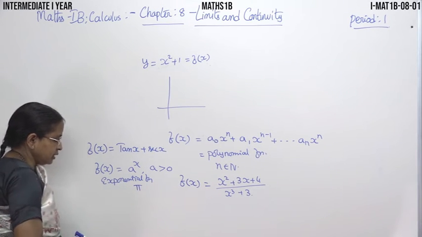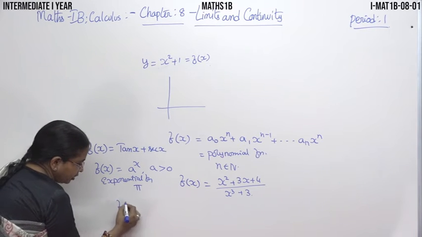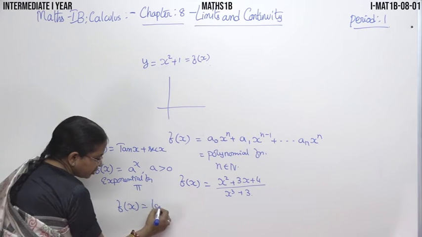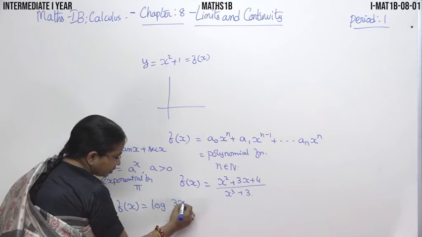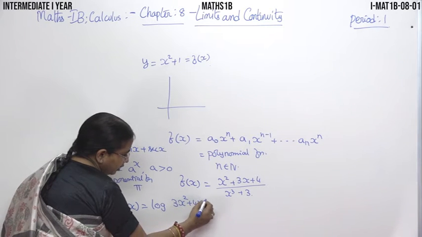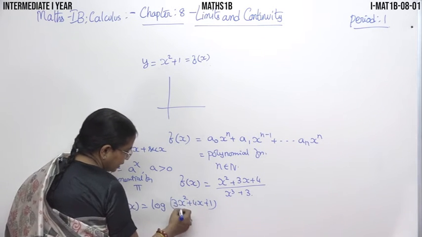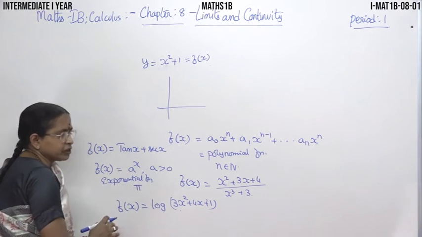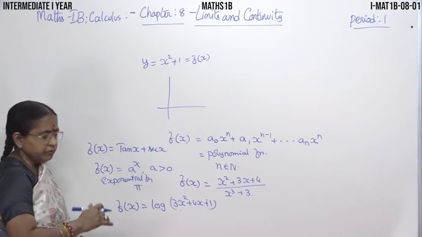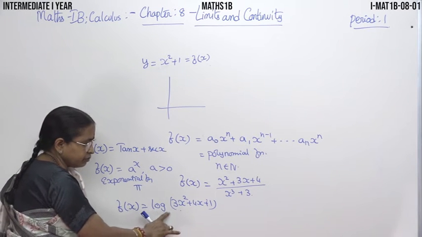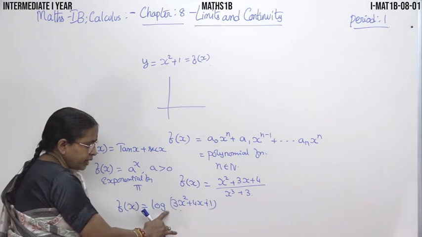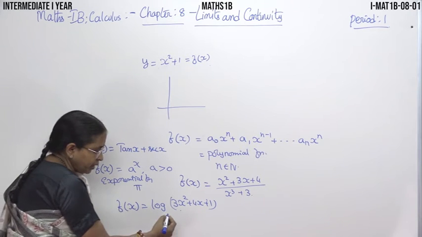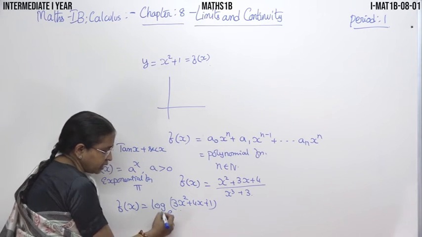Okay, next is logarithmic function. Suppose I have f of x as log of some 3x or 3x square plus 4x plus some 1, like this. So this is a logarithmic function. In calculus, wherever you come across logarithmic function like this, the base will not be mentioned. It means that the base should be taken as e.